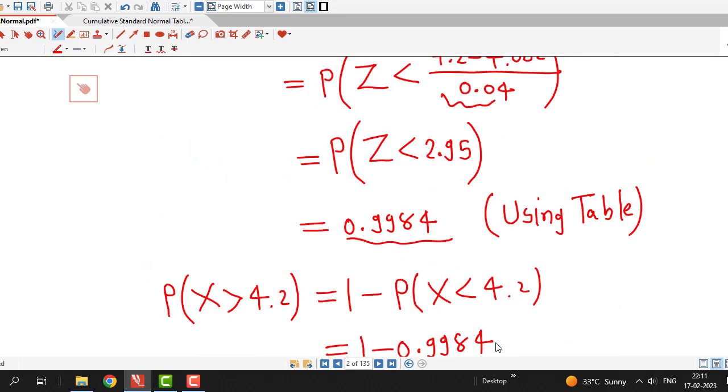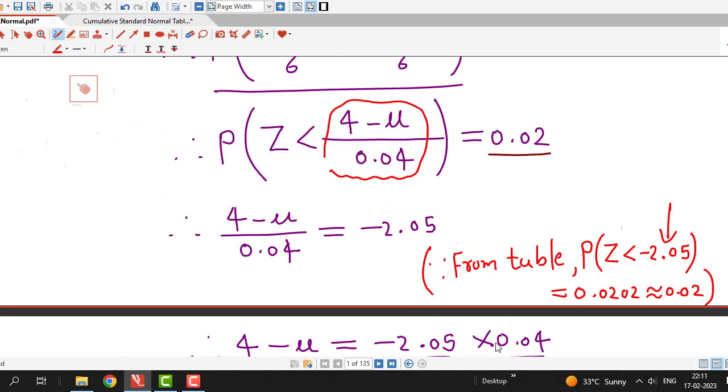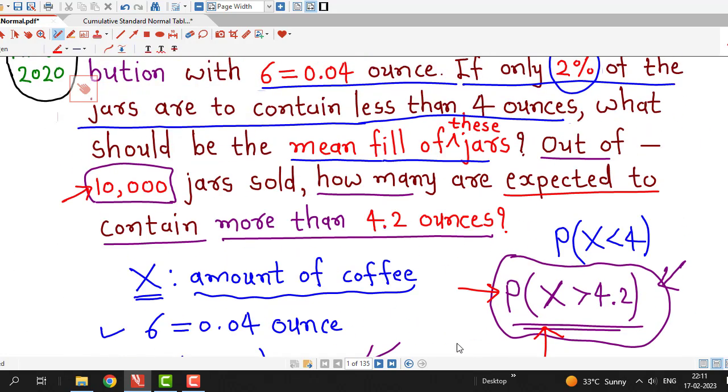So this is the answer. There are 16 jars out of these 10,000 sold which contain more than 4.2 ounce coffee.